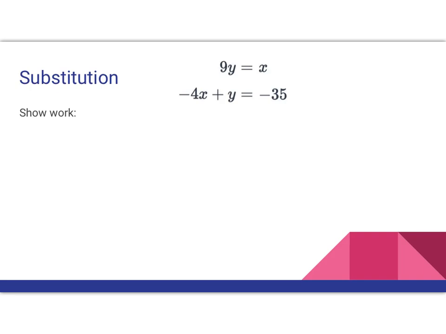So substitution. Hey, I've already got an x equals. So my first step's done for me. So now I need to take this 9y and stick it in where the x was. That gives me a negative 4 parentheses 9y, we're just filling it in the box, plus another y is equal to negative 35.